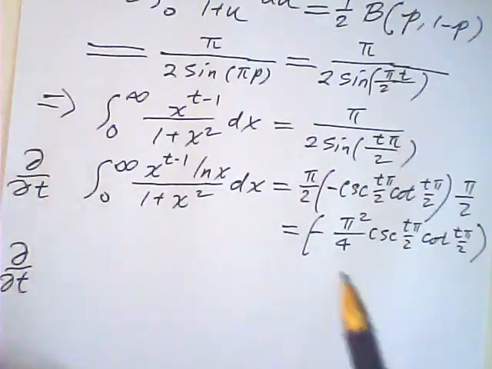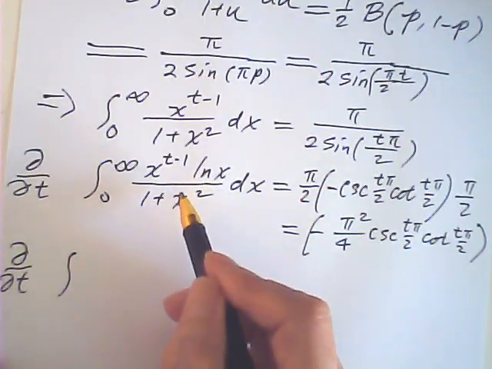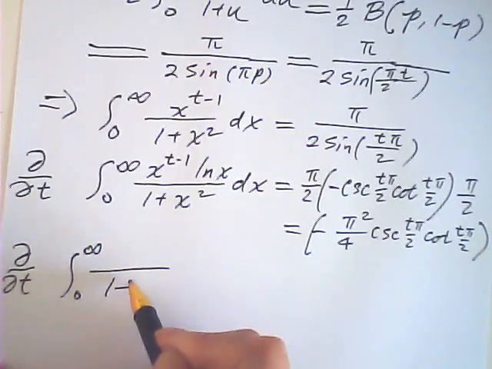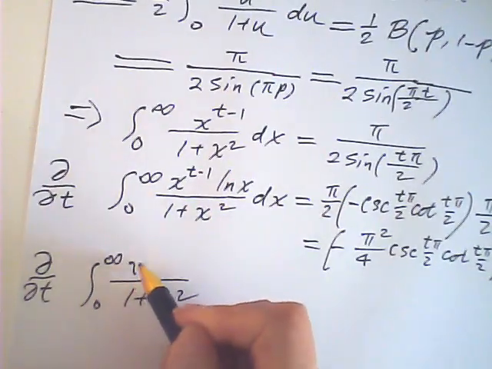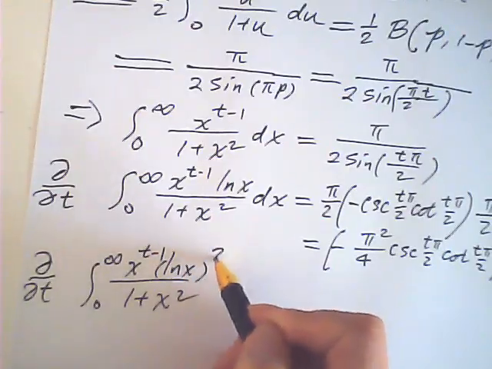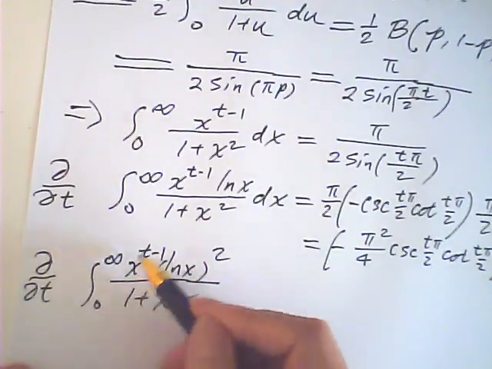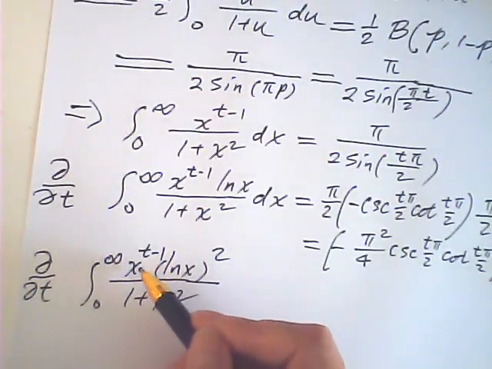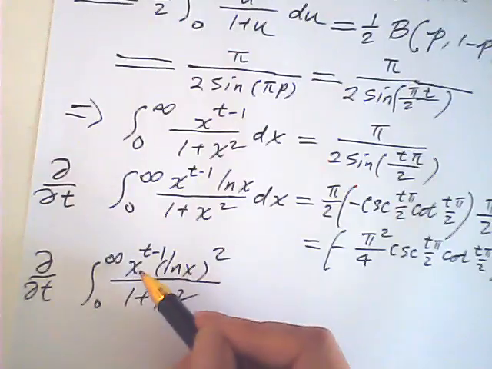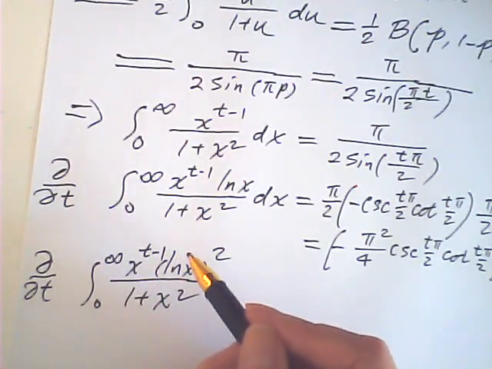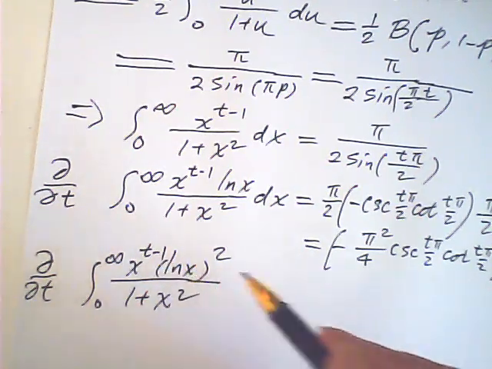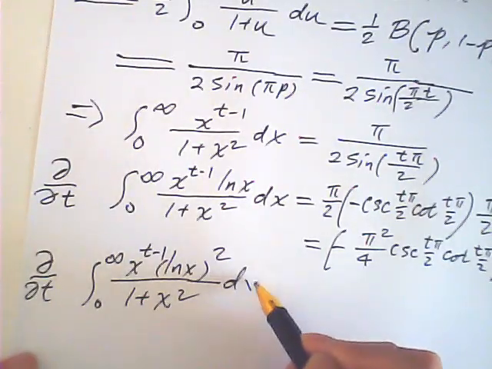On this one, x is a constant, so we get x to the t minus 1 times log x squared, because the derivative of x to the power of t minus 1 is x to the t minus 1 times log x.